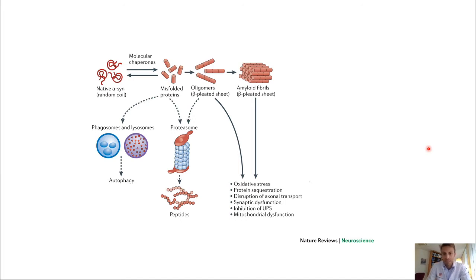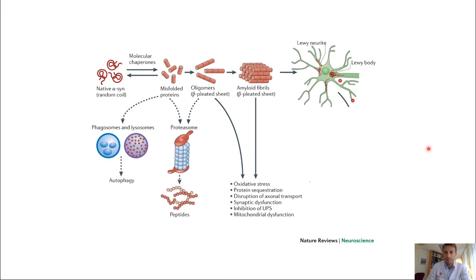Proteins get sequestrated, axonal transport gets disrupted, hence synapses start to dysfunction. Mitochondria within the cell body start to dysfunction. So the cell dysfunctions as a whole. And this leads to excessive cell death.